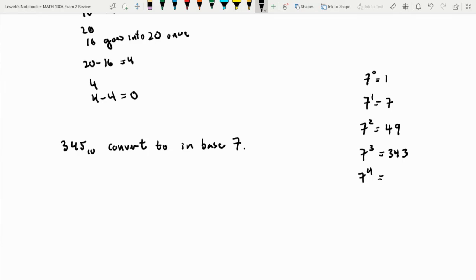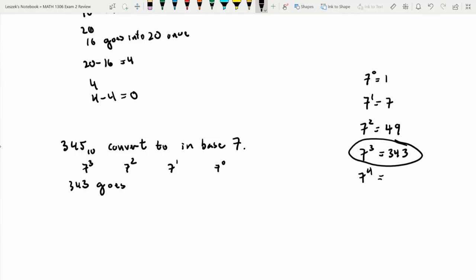All right, but there we go. We see that 343 goes into our number exactly once. So we'll have 7 to the 3, 7 squared, 7 to the power 1, 7 to the power 0, just a constant.